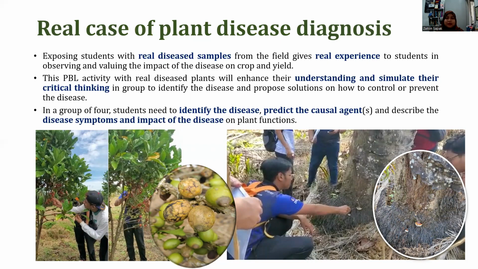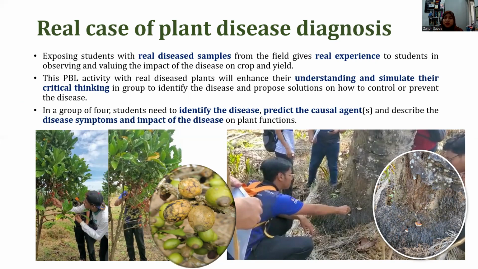So this is problem-based learning with a real case, which could enhance their understanding and also stimulate their critical thinking in the group to identify the disease based on the observations they found in the field, and how they want to identify the disease.